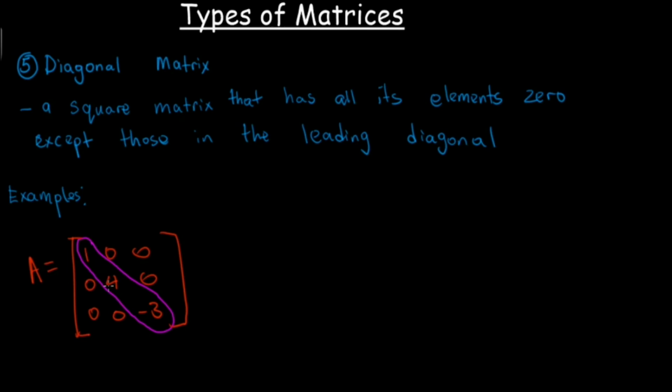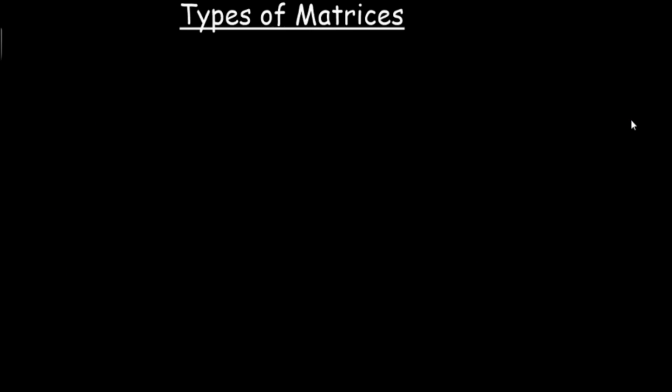These form the leading diagonal. So a diagonal matrix is a square matrix where all of the elements are 0 except those in the leading diagonal. In another example, the leading diagonal would be 4 and 1, and everything else is 0. Therefore, this would be classified as a diagonal matrix.